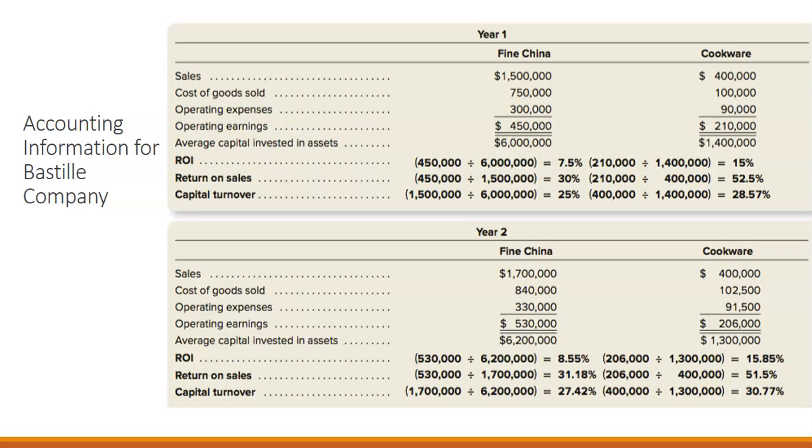We have their sales, cost of goods sold, operating expenses, operating earnings, and the average capital invested in assets. We look at their ROI, return on sales, and capital turnover for two different departments in year 1 and year 2. The company has fine china and cookware, and we have 2 years of information.